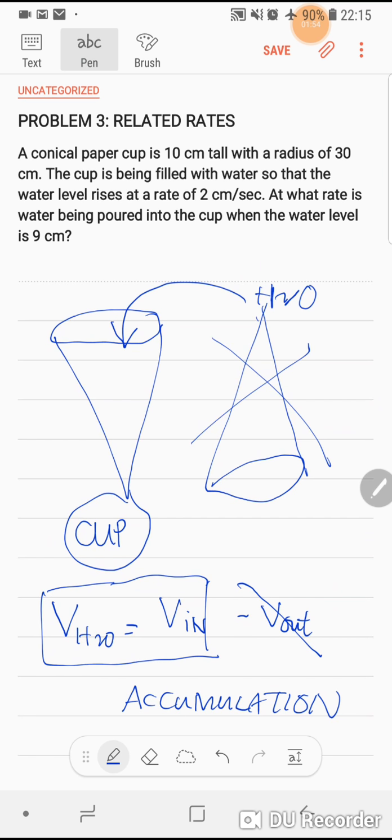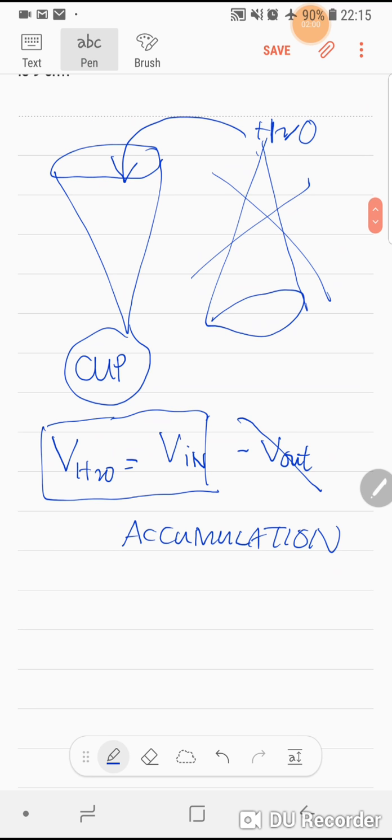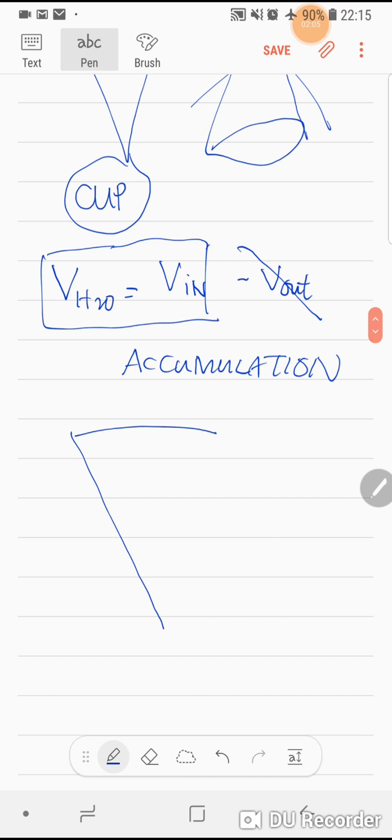So let's have some dimensions. Let's have it drawn in a two-dimensional way.